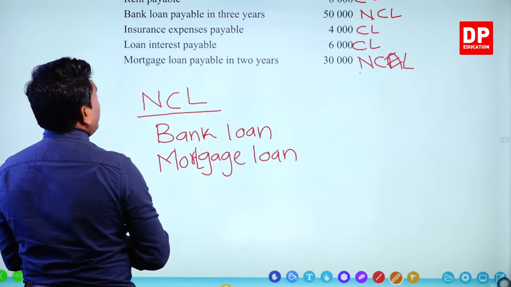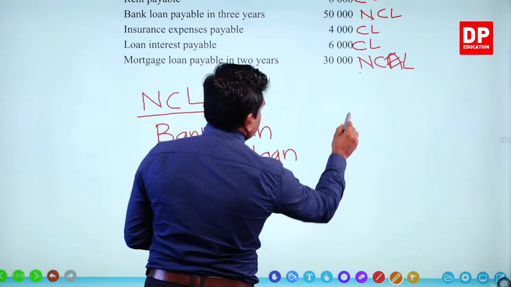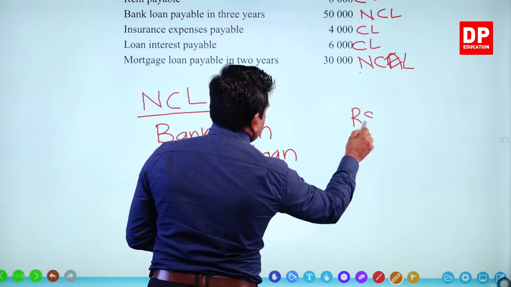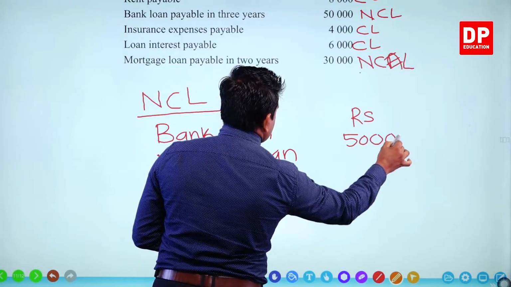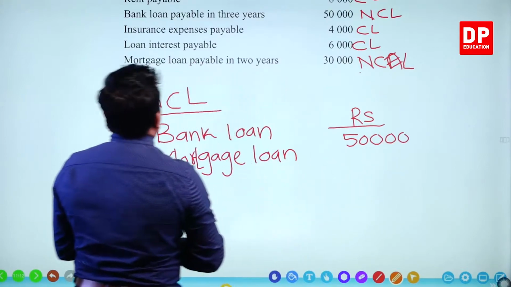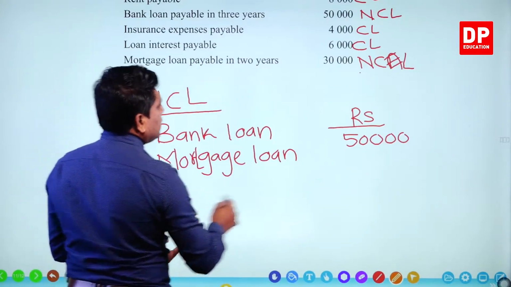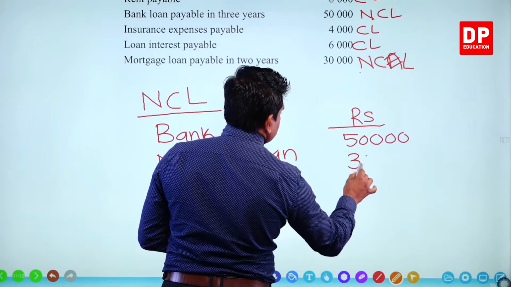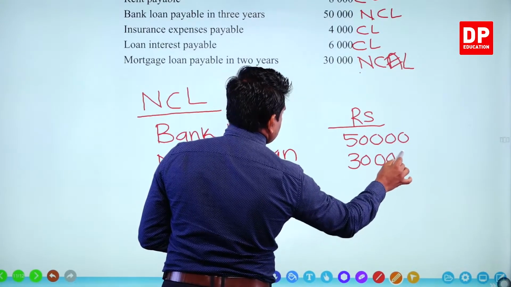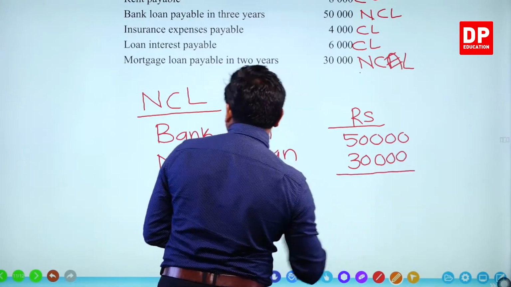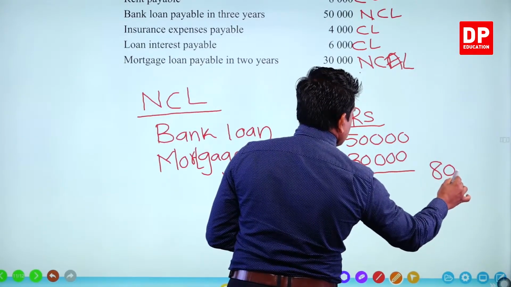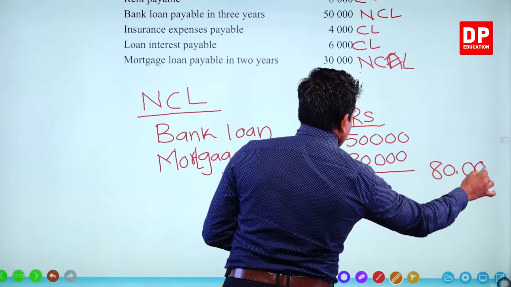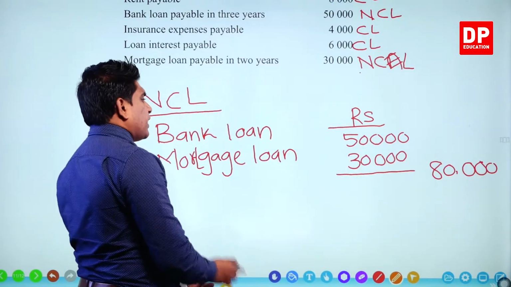How much is the bank loan? 50,000. Mortgage loan 30,000. How much is the total of non-current liabilities? It's 80,000. Okay.